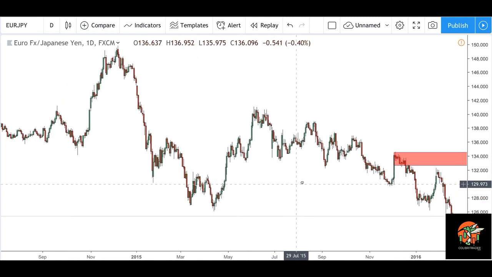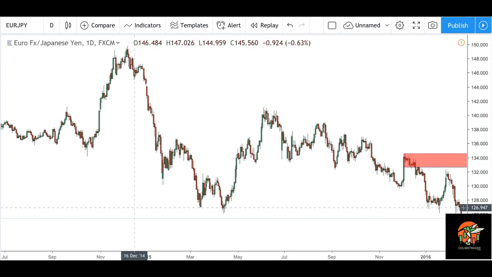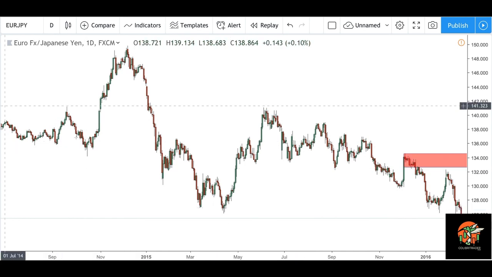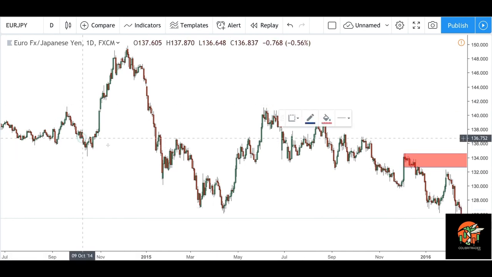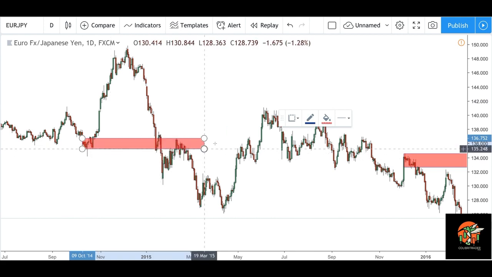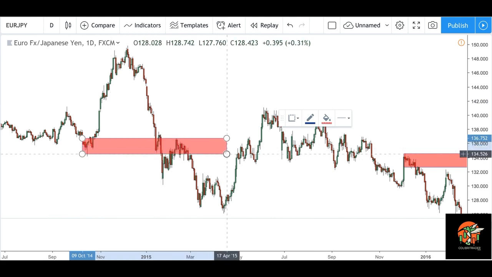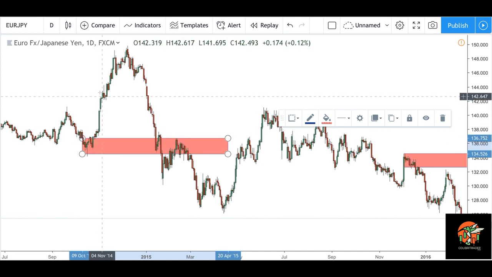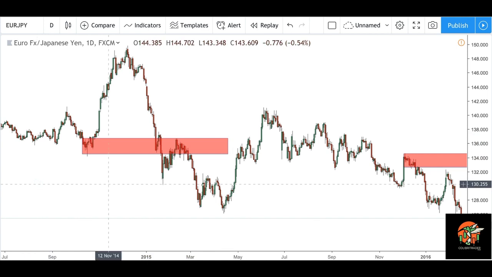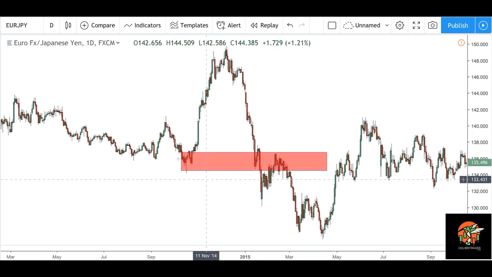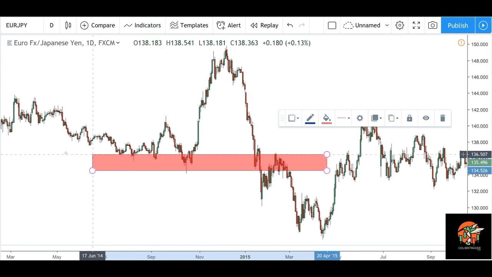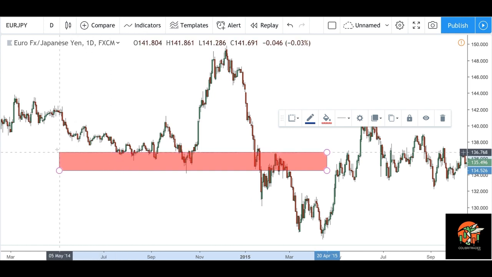Where else do we have similar formations? Let's see here. It's happening again. So basically we have this cluster of candles, which is followed by those two big green candles, and it apparently is a very strong demand area. If we go back in time, you'll see that this level has been tested quite a few times.